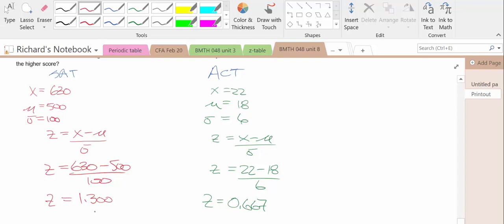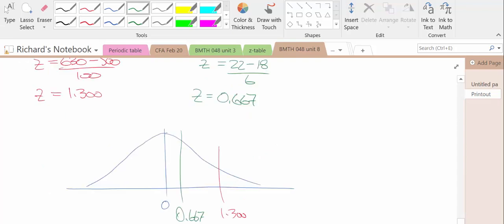They're further along. Let me just draw a picture. Looking at the distribution curve, the student who wrote the SAT had a Z score of 1.3, which is more to the right of the mean, and they've done better than a larger percentage of the student population who wrote these tests than the person who wrote the ACT and got 0.667.